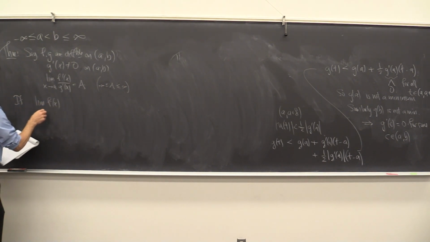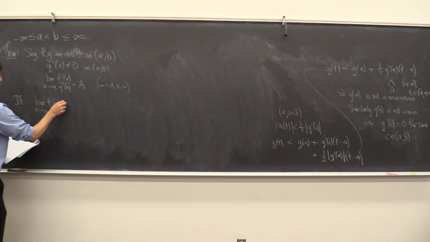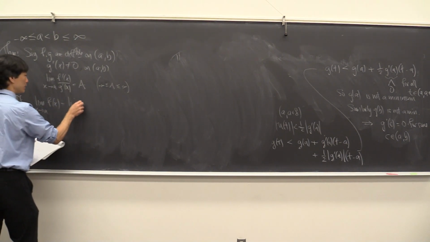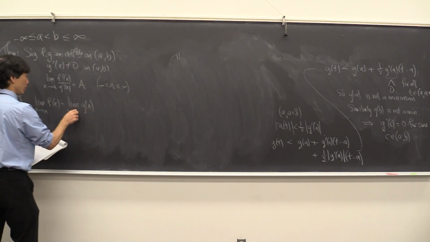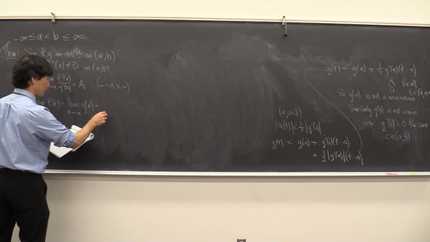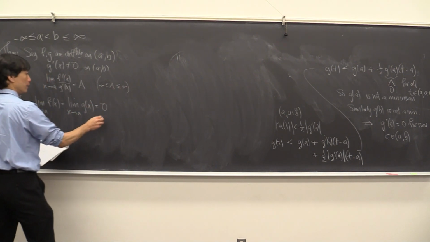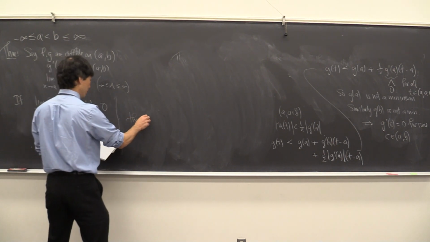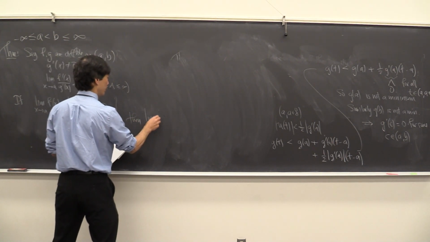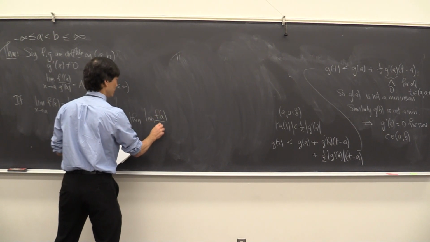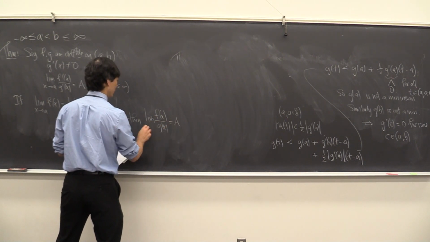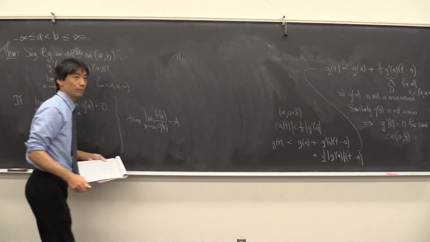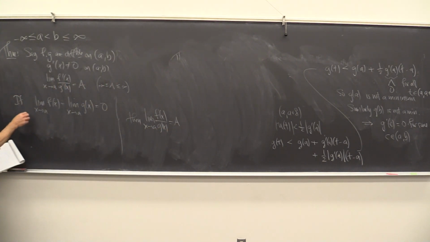If the limit of f of x as x approaches a equals the limit of g of x as x approaches a, and they're both 0, then the limit of the quotients is A. Right? That's the one that you're familiar with.